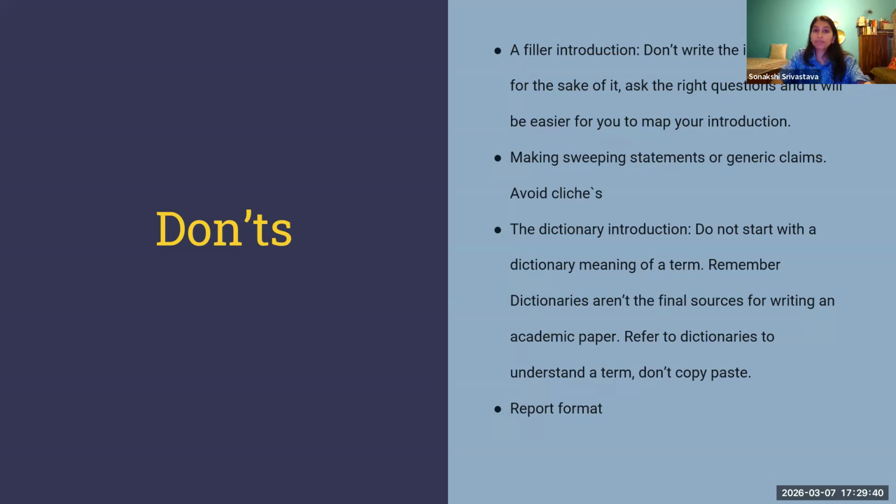So do not have a filler introduction. Don't write the introduction for the sake of it. Ask the right questions, and it will be easier for you to map your introduction. Do not make sweeping statements or generic claims. And this exists in the previous examples, okay?